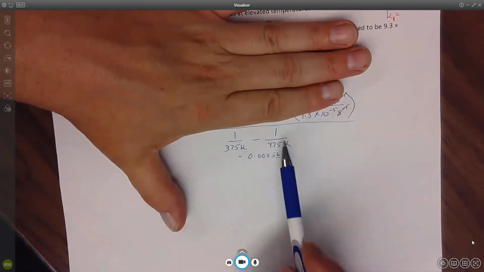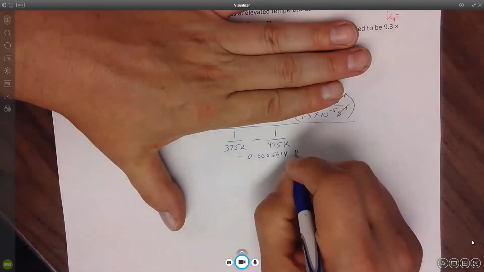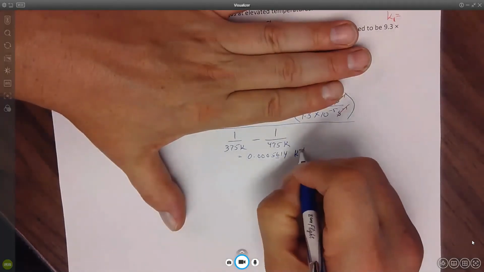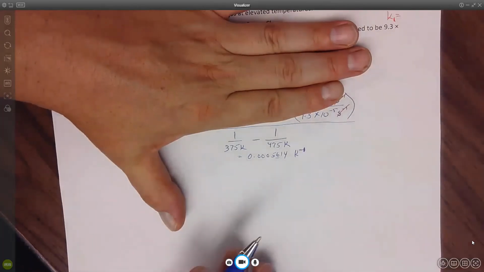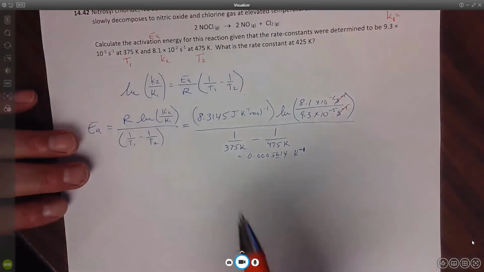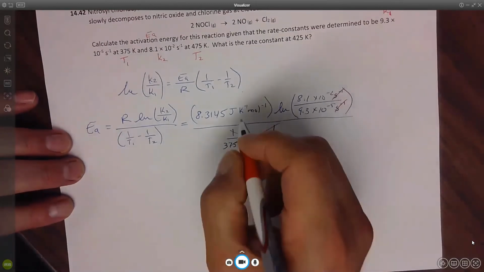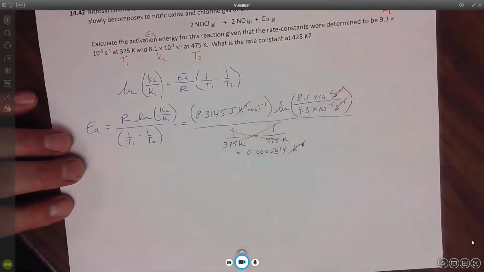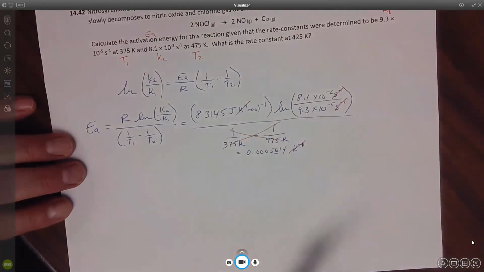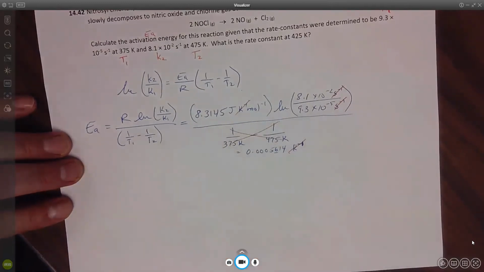Well, it would be 1 over Kelvin, so per Kelvin. So we did this intermediate step here. Now we can see that the per Kelvin cancels the per Kelvin, and we're going to end up with units of joules per mole, exactly what I would expect for an activation energy.